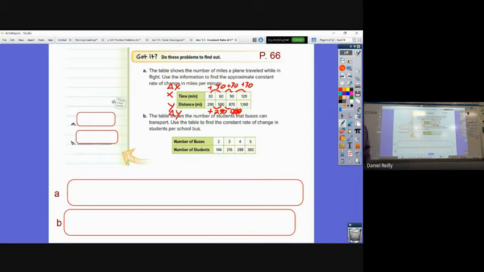Yes, Maggie? I'm very lost. Like, what are we even doing? Finding the rate of change. But that's not what we did before. What we did before was the ratio of this to this. Now, why are they the same? Because all these problems that we are looking at here are proportional.